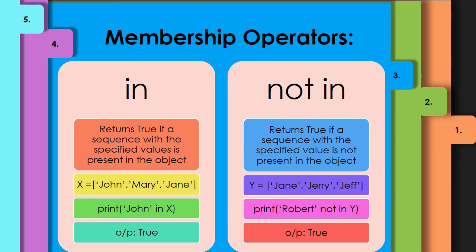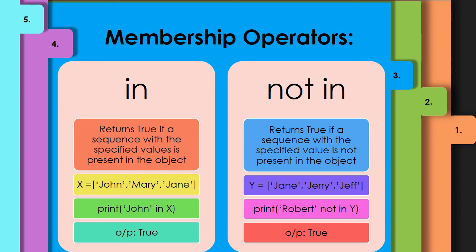You can say that it will check the given substring in our original string, and if it finds the given substring in our original string, then it will return true, otherwise it will return false.